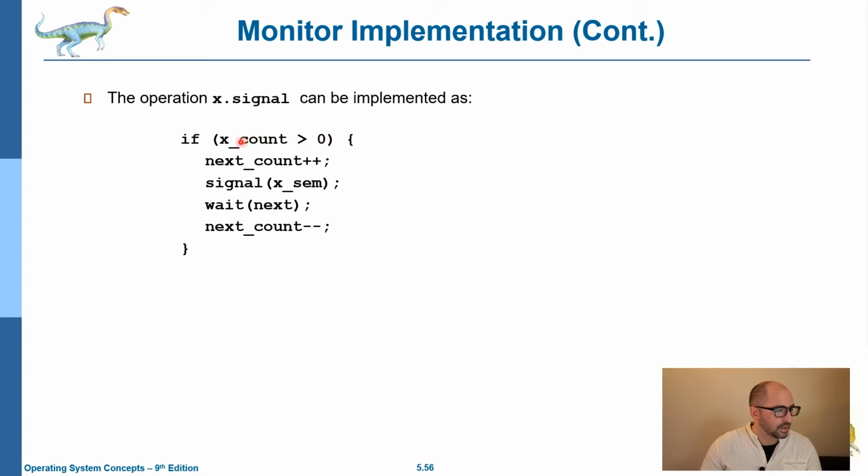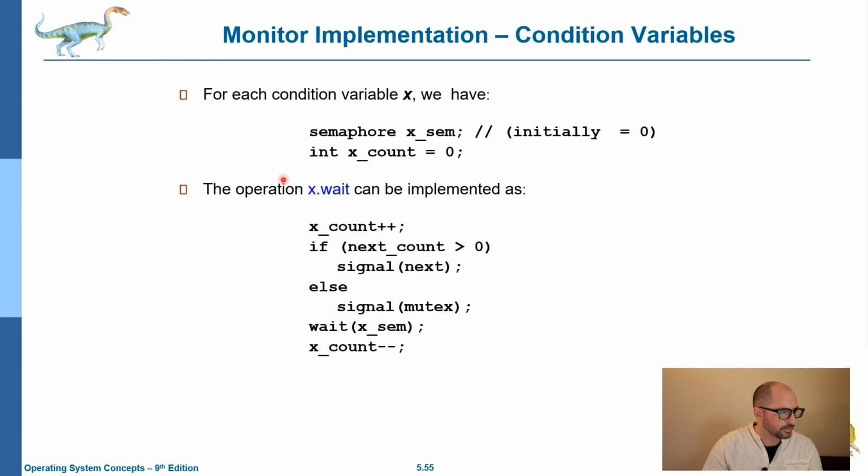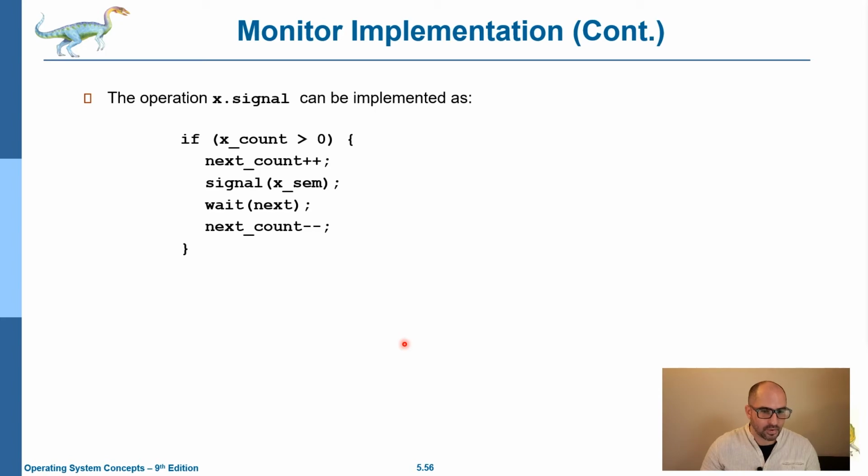However, if there is a process waiting on x, x count will be greater than 0. Next count is then incremented, and we signal on x semaphore. Signaling on x semaphore will cause the process waiting on it to resume and reduce the x count. At some point, that process will be done and it will leave.